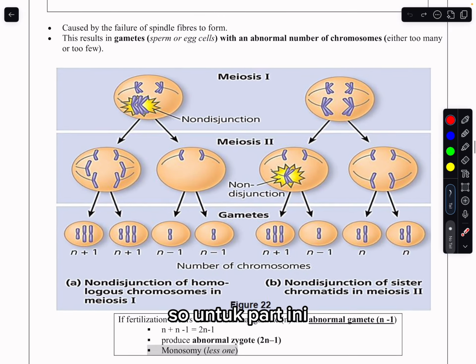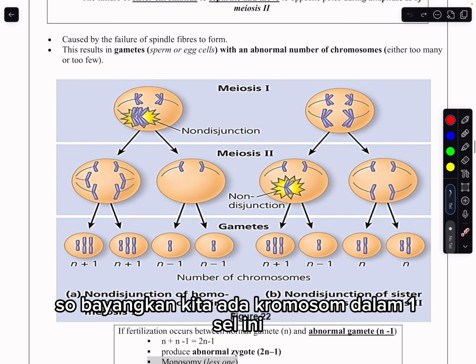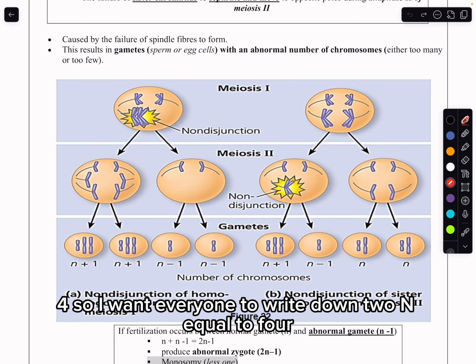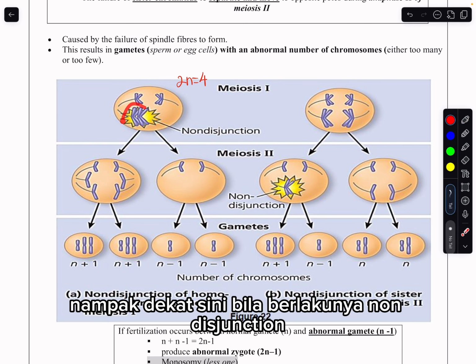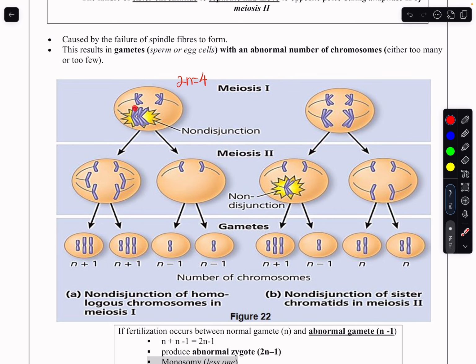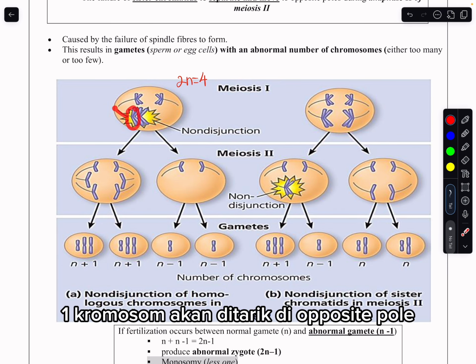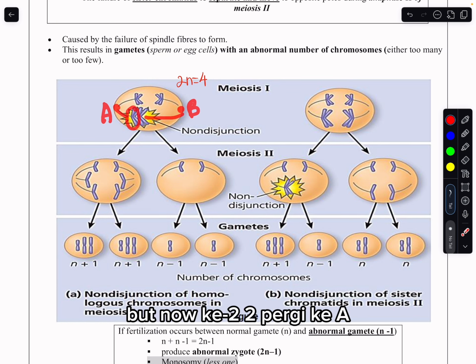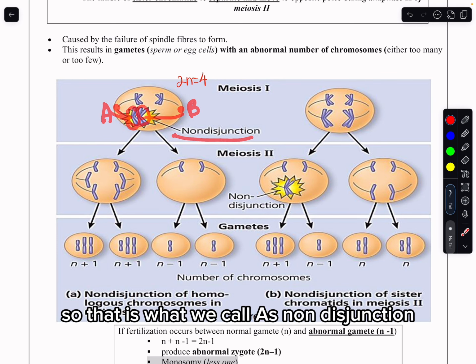So untuk part ini yang penting, bayangkan kita ada kromosom dalam satu sel ini, ada berapa kromosom ni? Kira ramai-ramai. 1, 2, 3, 4. So I want everyone to write down 2n equal to 4. Nampak dekat sini bila berlakunya nondisjunction, kromosom itu tidak separate properly. Sepatutnya kita tahu satu kromosom akan ditarik ke opposite pole A, satu lagi akan ditarik ke opposite pole B. But now kedua-dua pergi ke A. So that is what we call as nondisjunction.